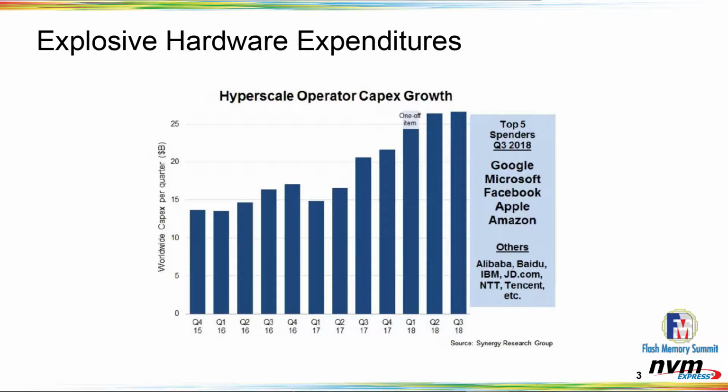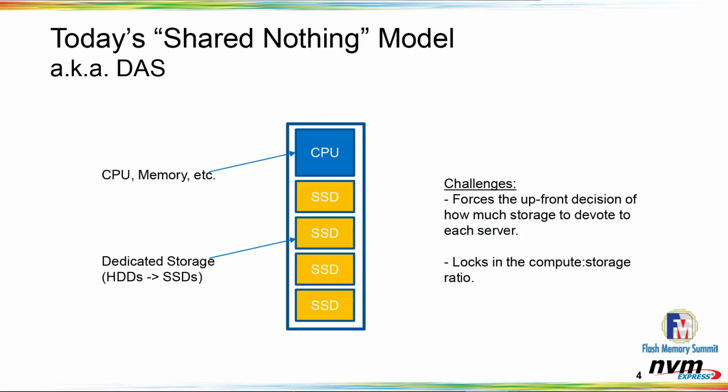Some very low-hanging fruit for saving a huge amount of money is to figure out how we can spend a little bit less on that storage and still get the job done. So if we look at today's DAS model, I can't speak for all the hyperscalers, but I believe that many, if not most of them, are still using this DAS model.